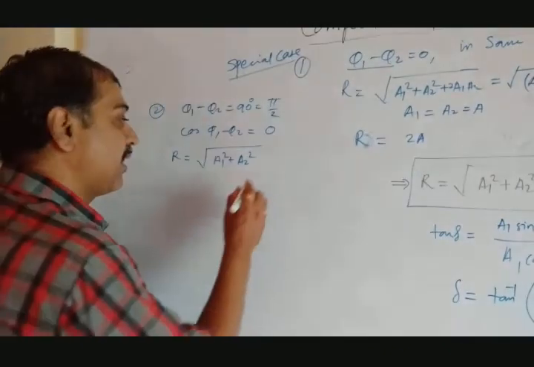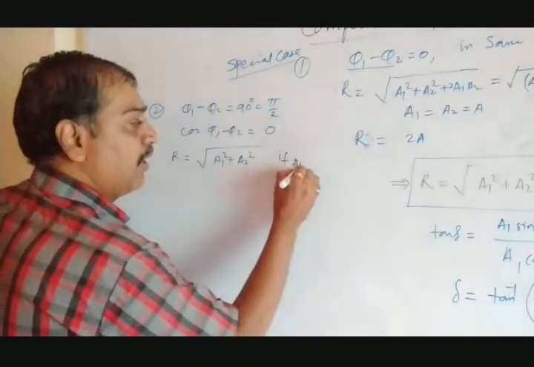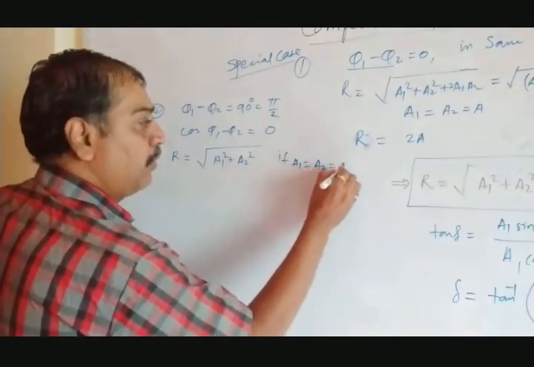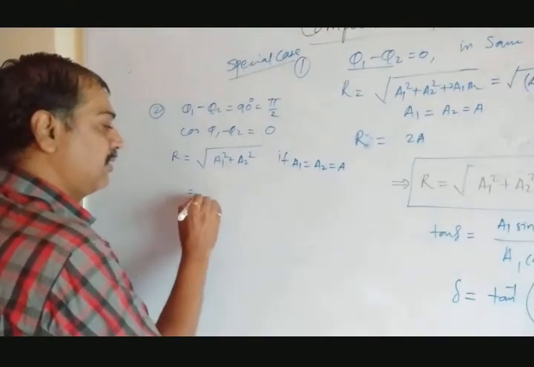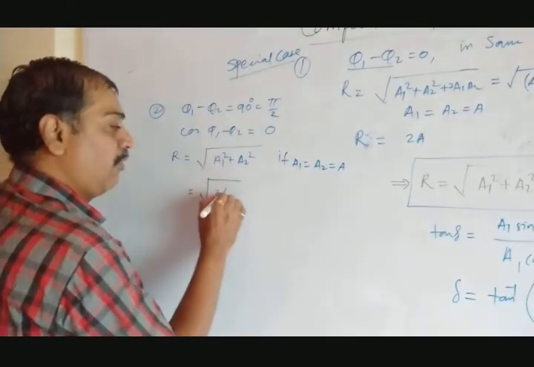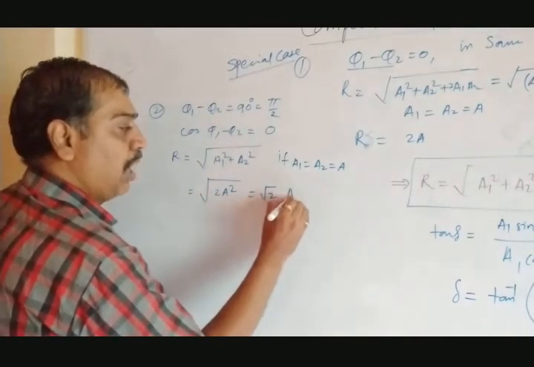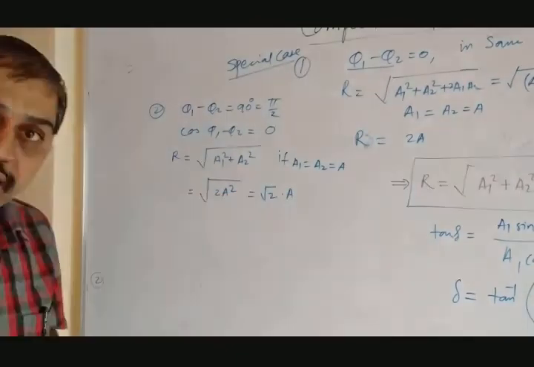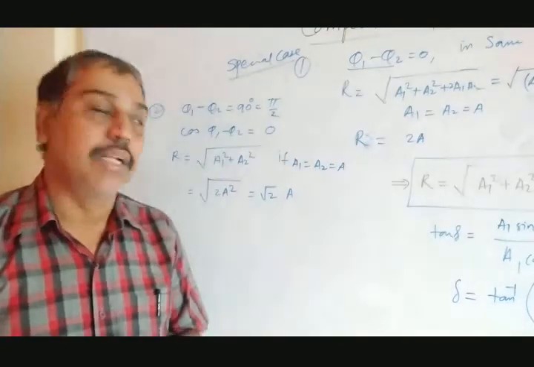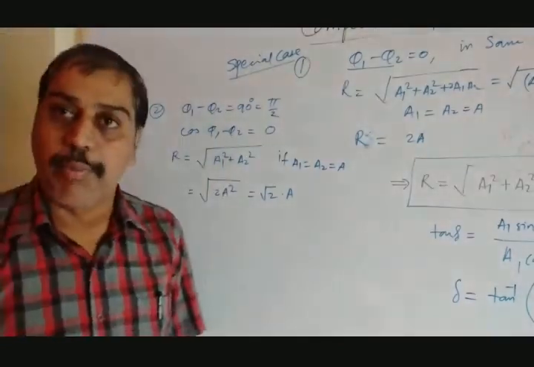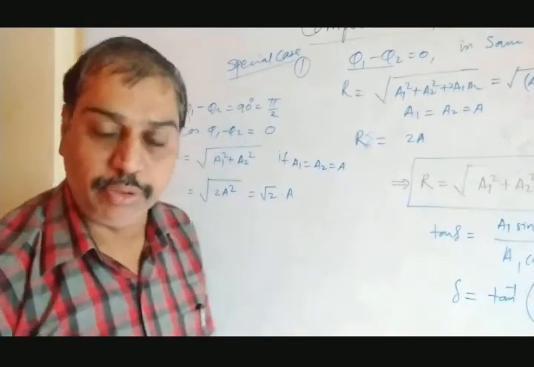Now again here, if a1 equal to a2 equal to a, what is this? Square root of twice a square, equal to square root of 2 outside the square root, it is a.